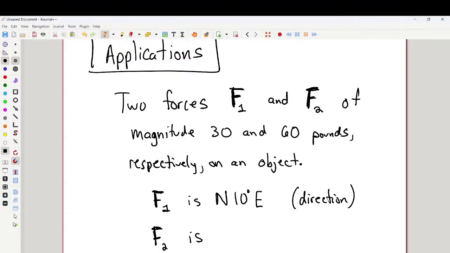That's going to be a typo. Horsepower is a unit of force.